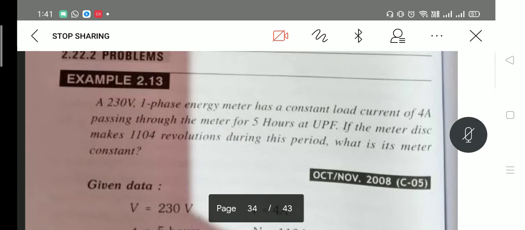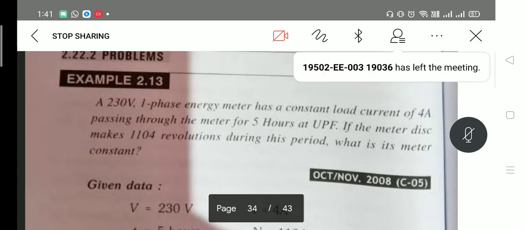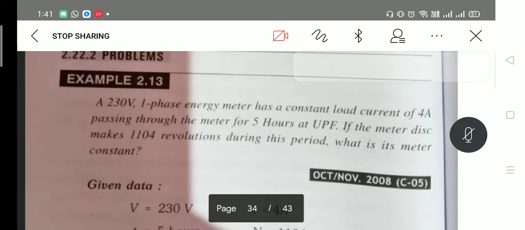UPF means unity power factor. If the meter disk makes 1104 revolutions during this period, what is the meter constant?